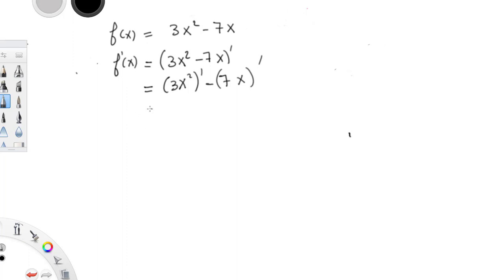But as I said in class, you can keep the constant 3, you can write down 3 and you multiply by the derivative of x squared, right? Minus 7 multiplied by the derivative of x, right?